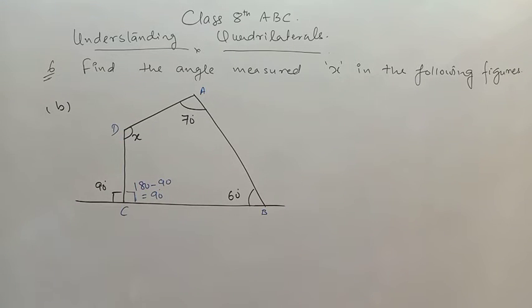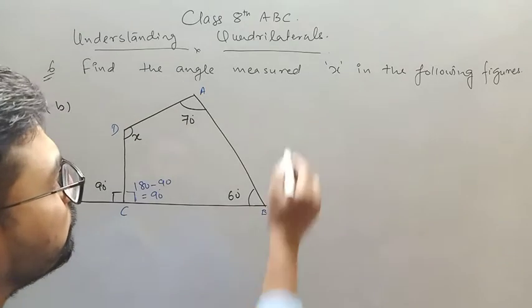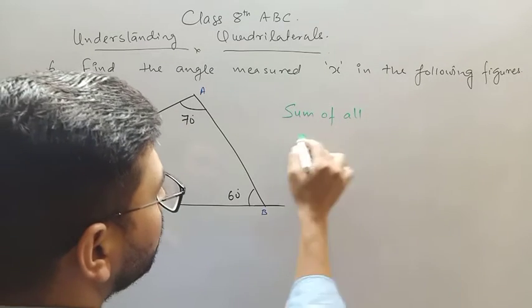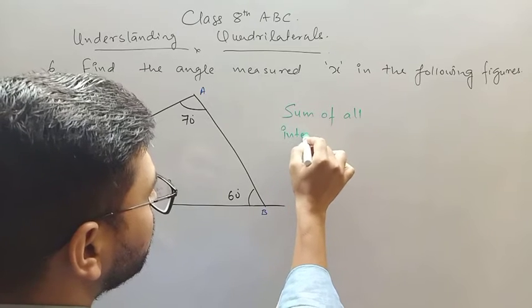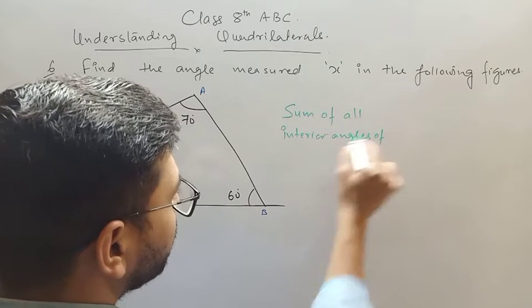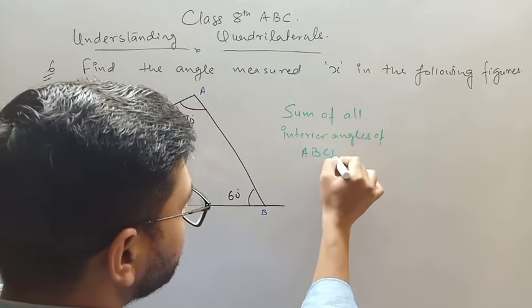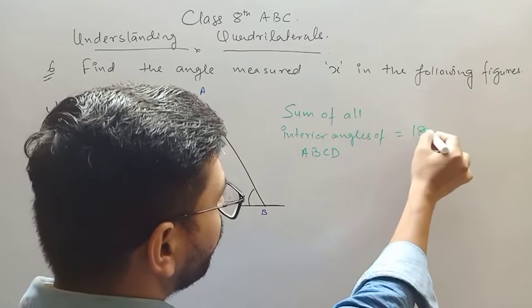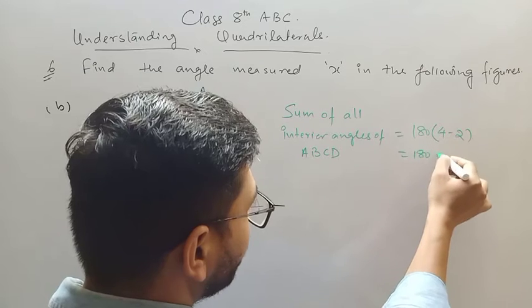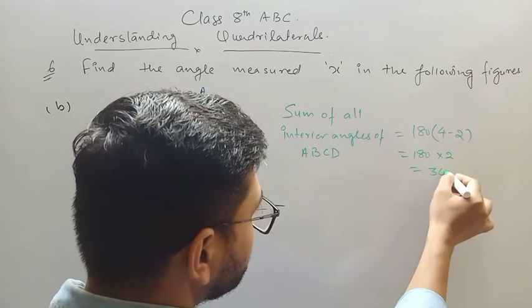Now you can simply write: sum of all interior angles of ABCD is equal to 180 times (4 minus 2), that is 180 into 2, that is 360.